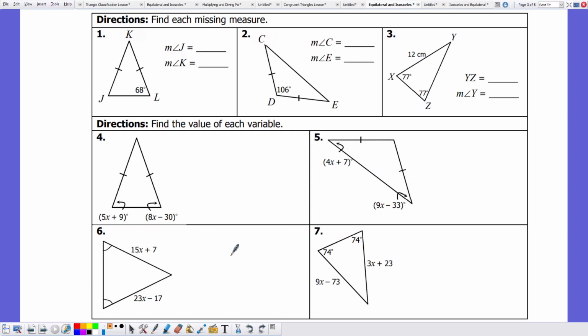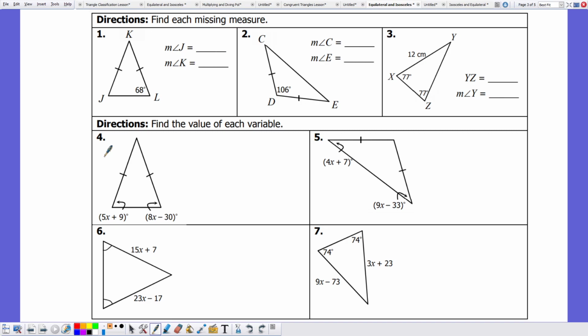So let's see what that actually looks like in a problem. In the first three, we want to find each missing measure. So for instance, let's start by finding angle J. Well, I notice we have two congruent sides, JK and LK.